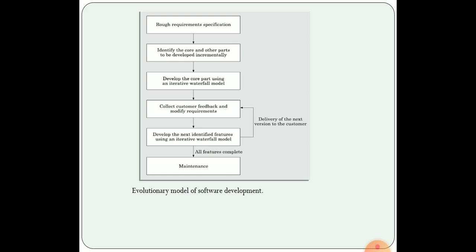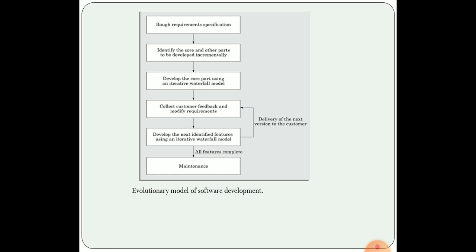The core modules themselves are developed using the iterative waterfall model, and after developing the core modules of the software, it will be handed over to the customer for his use. And after using the core parts of the software, the customer can identify his actual requirements. So collect customer feedback and modify the requirements, and then based on the customer feedback, develop the next identified features using the same iterative waterfall model.